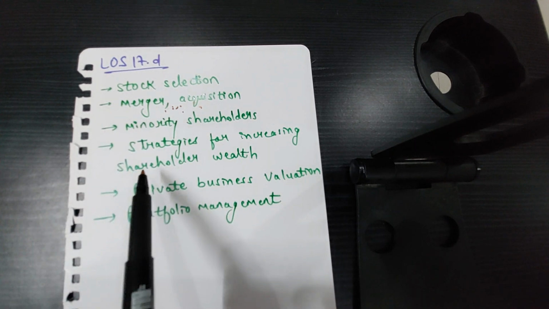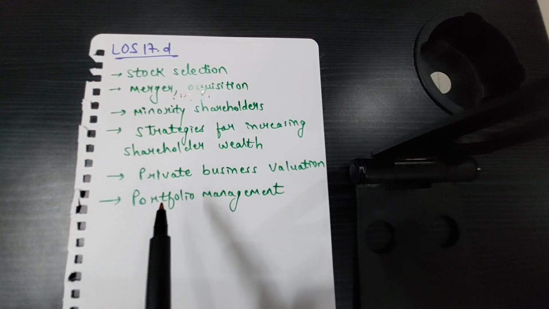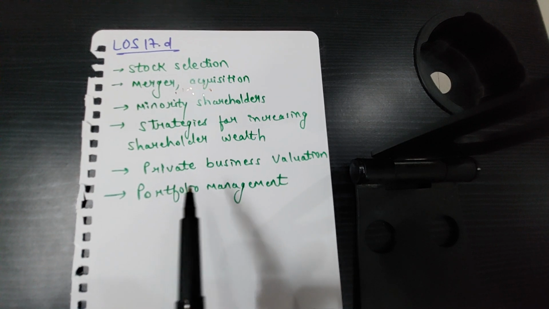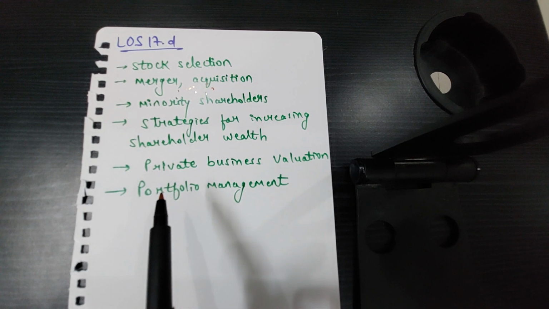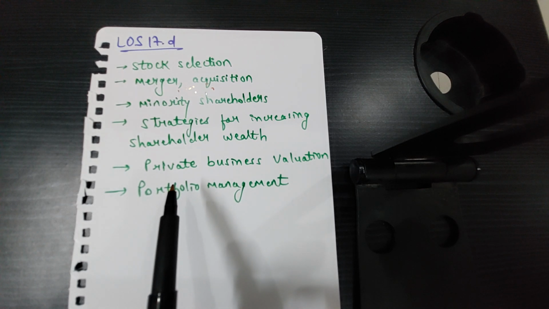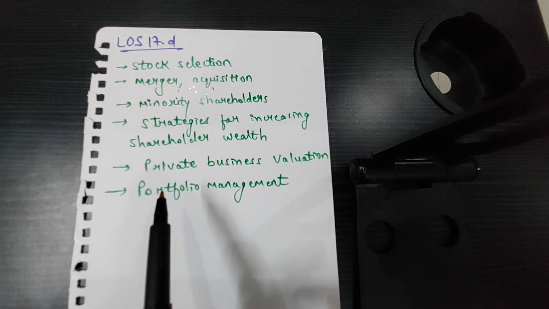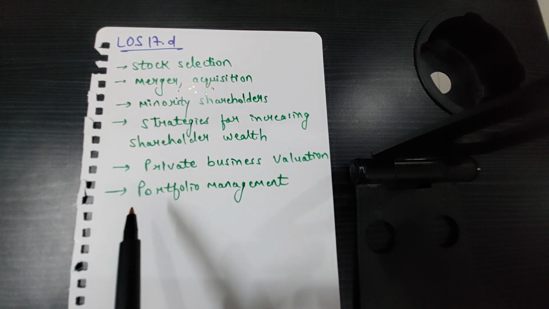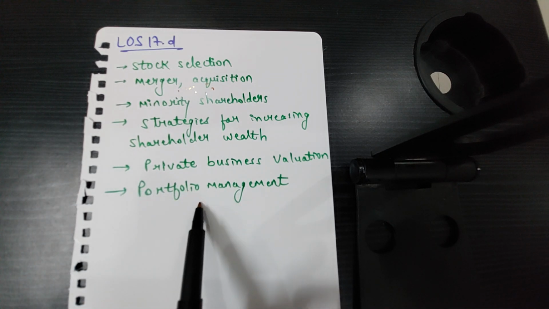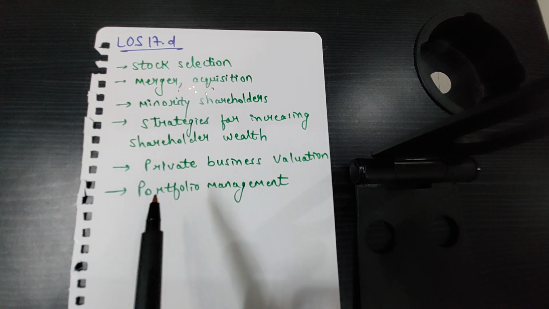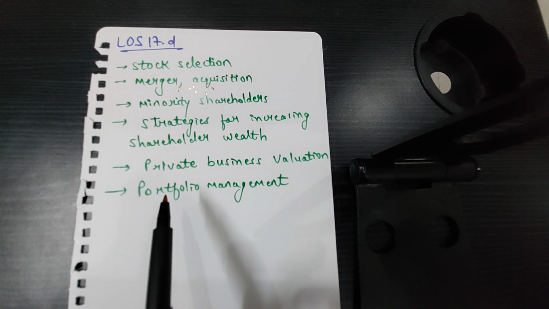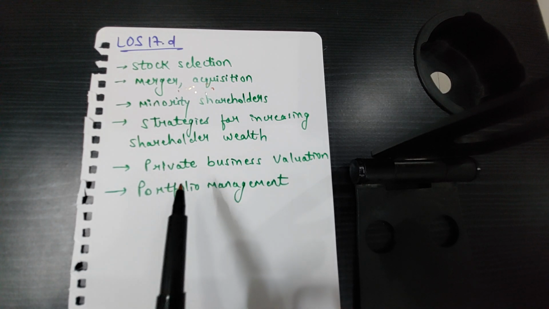So at that time equity valuation helps. And then for private business valuations you also do equity valuations, because those are private businesses. You want to know the value of your holdings in that private business. Then for portfolio management, in a portfolio you have different securities, and for that purpose also we need to value each security and then create a composite portfolio.